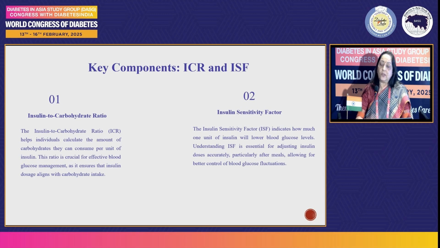The second thing, the insulin sensitivity factor, indicates how much 1 unit of insulin will lower the blood glucose level. So understanding the insulin sensitivity factor is essential for adjusting the insulin dose after meals. Suppose the patient's pre-meal sugar is hypoglycemic or very high, so you can adjust using the insulin sensitivity factor, which is also called the correction factor.